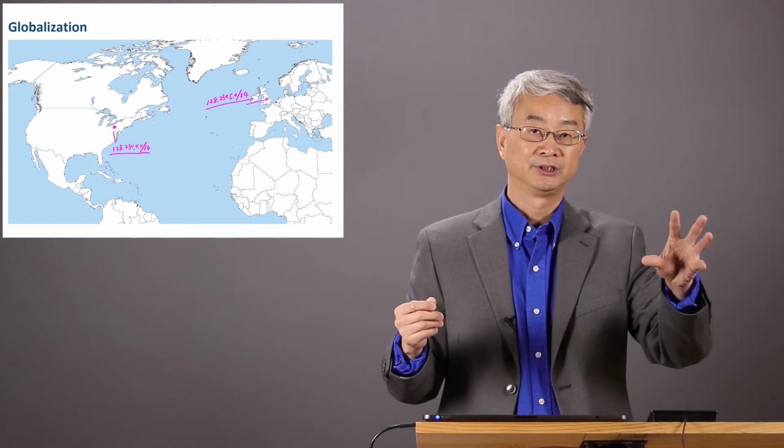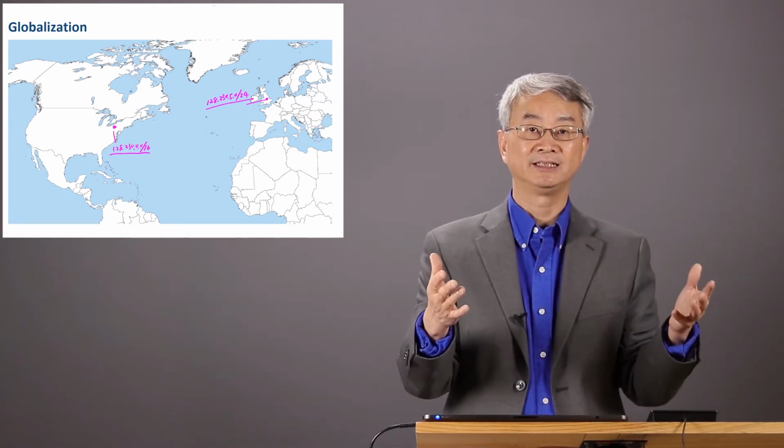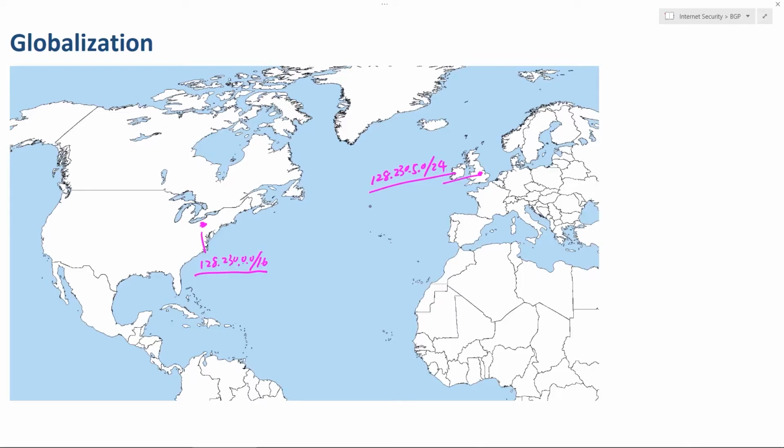Now at Syracuse, you can announce this bigger one, the /16, and announce that to the entire world as well. Now let's see, somewhere in Morocco, this is P1 and P2. I'm going to get P1, and I'm going to get P2. There's one path, and there's another path, and these two are overlapping.